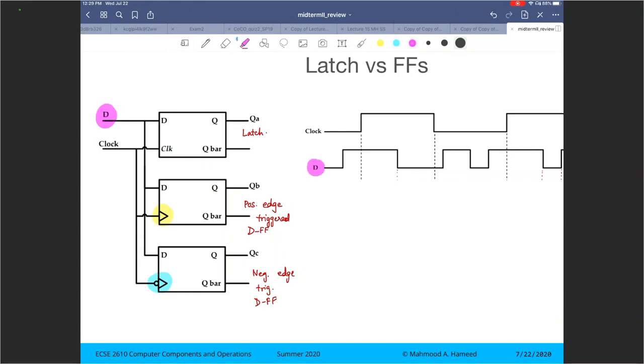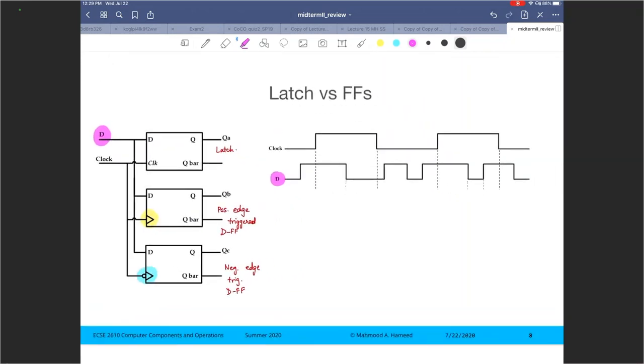An arbitrary timing waveform for the data input has been provided, and also the clock signal, in green. The clock signal is given to you and is common to all of these elements.